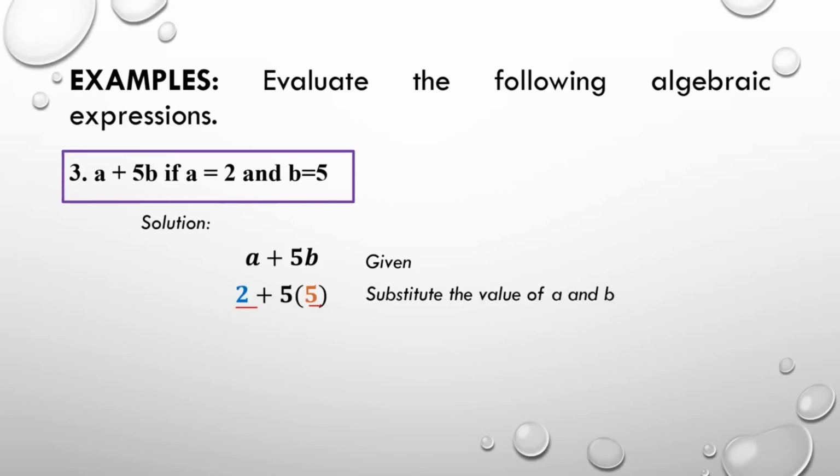Then we apply PEMDAS. In PEMDAS, multiplication comes first. That's why we will multiply 5 times 5, which is 25. And then we copy 2. So we have 2 plus 25 is equal to 27. Our final answer for example 3 is 27.